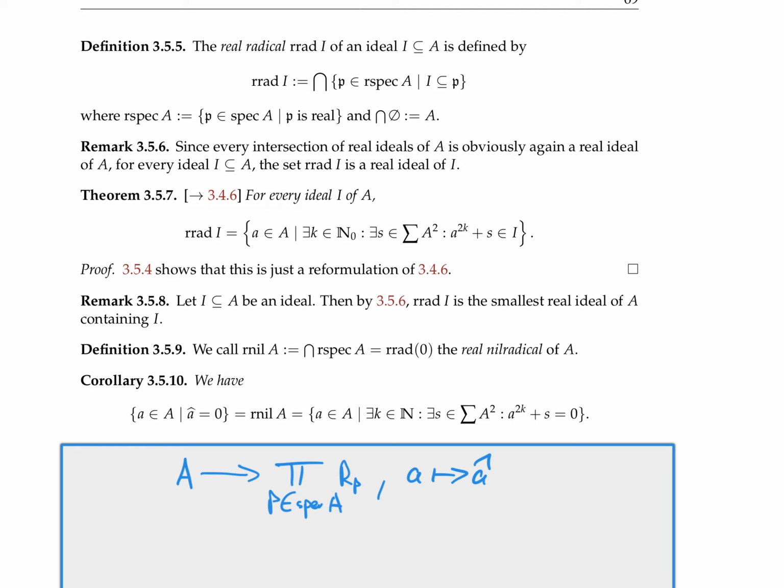In other words, the real nil radical, I mean, that's the real radical of the zero ideal, so I can certainly write it like this, where I use the zero ideal. So it's the set of all A such that some power of A, I mean, if you want, you can also, it doesn't matter if you write here n0 or n. Let me think about that actually. Is that actually true?